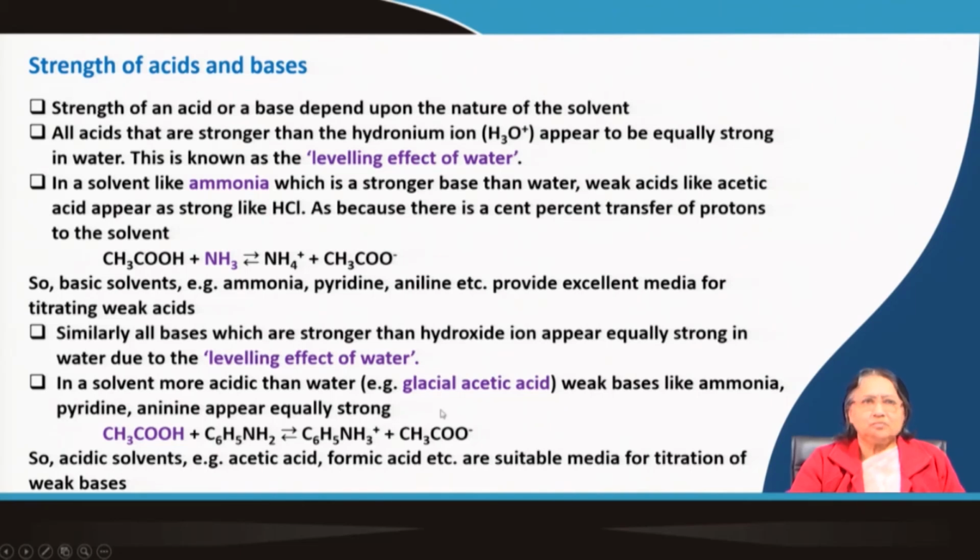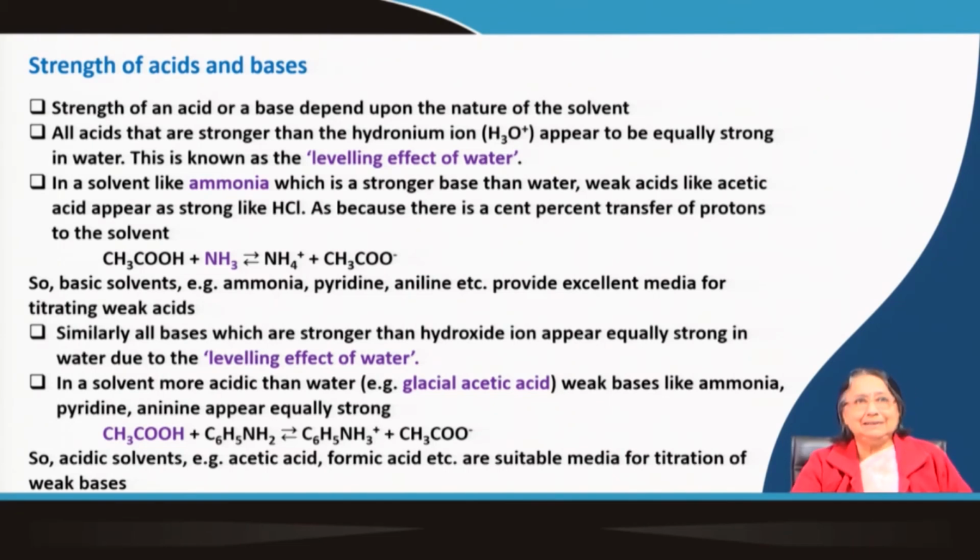So, acidic solvents like acetic acid, formic acid etc., are suitable media, and this is the application part. I will tell you later how the titration between different types of acids and bases can be done and what indicator should be used.